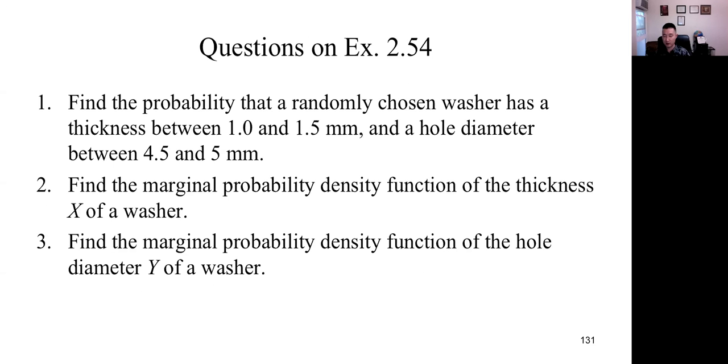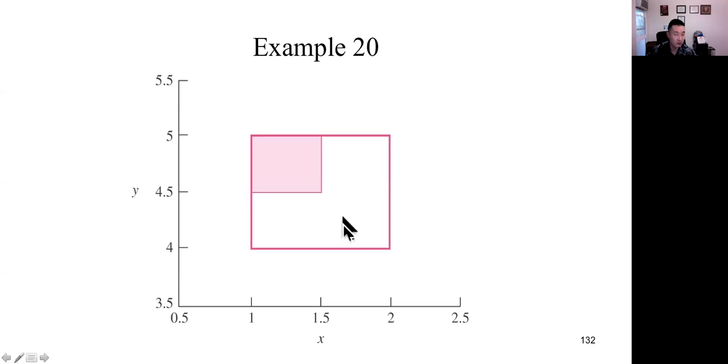So the question is asking, first of all, what is the probability that a randomly chosen washer has thickness between 1 and 1.5 and diameter between 4.5 and 5? Let's do that together. Based on the density function, which looks something like this, x ranges from 1 to 2 and y between 4 and 5.